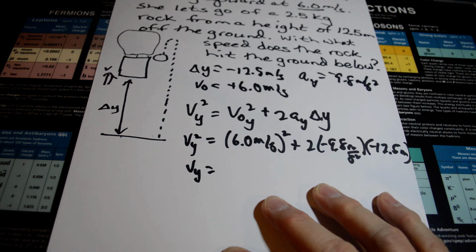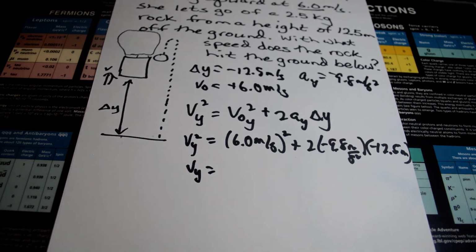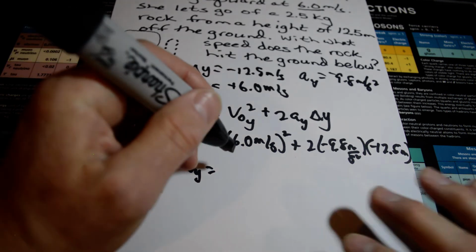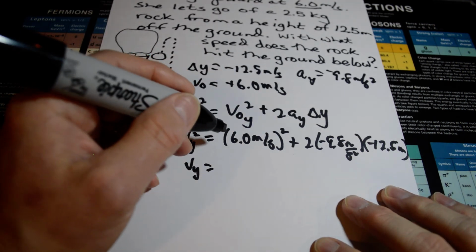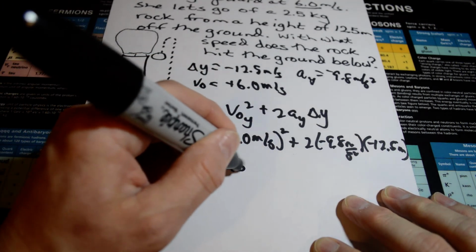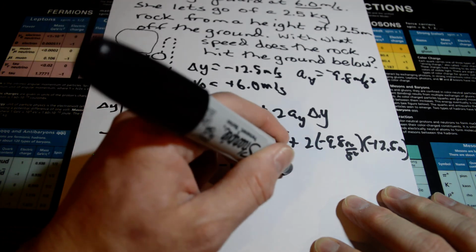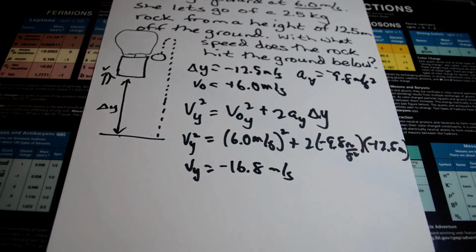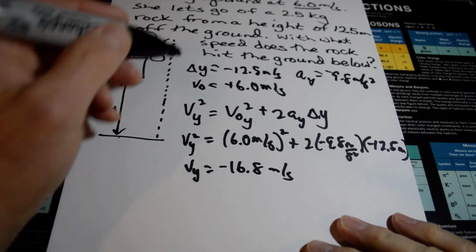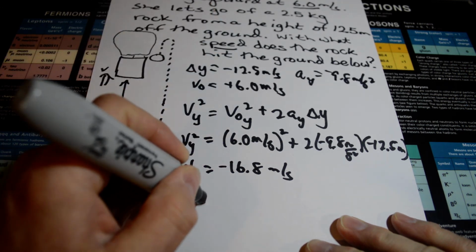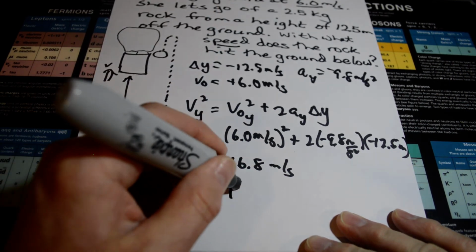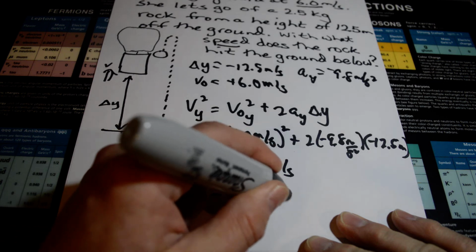And when you do that, you get that the velocity is plus or minus when you take the square root, but it ends up being negative because it's on its way down, 16.8 meters per second. So that would be the speed or the velocity that hits the ground if you want to say negative, but if you asked for the speed, you would call it a positive 16.8 meters per second when it hits the ground.